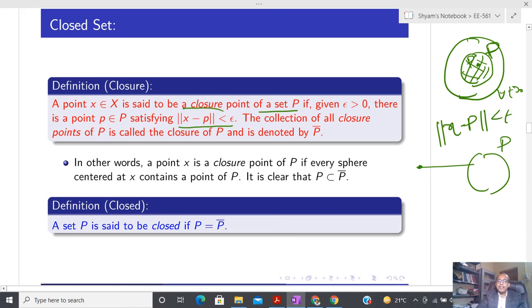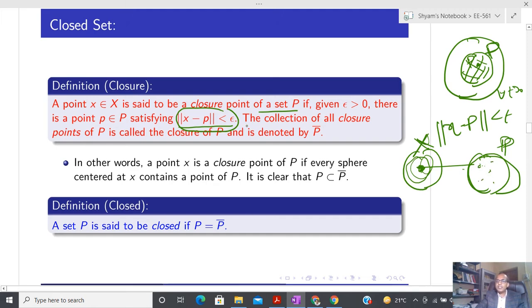If you see this relation, it looks exactly the same, but the interpretation is different. Here I am telling whether the point is inside the set or not. Here I have some exterior point and some kind of set, so is this point closer to the set or not? And if I have two sets, whether these two sets are closer or not, I will check all possible points, and I have to check this kind of condition.